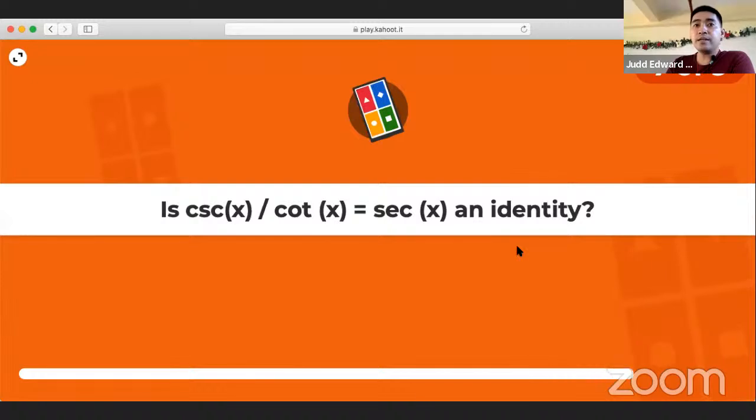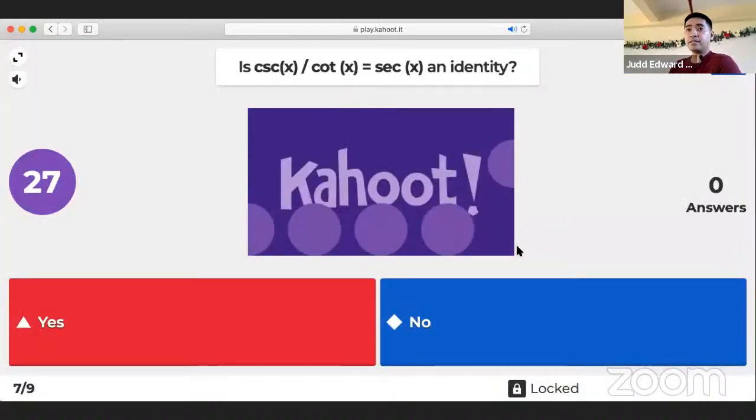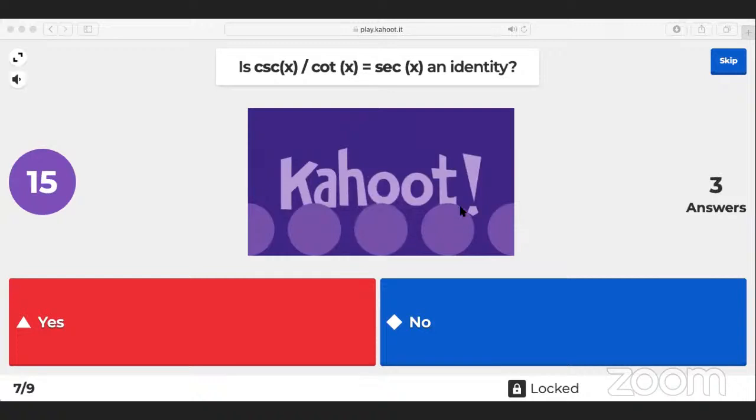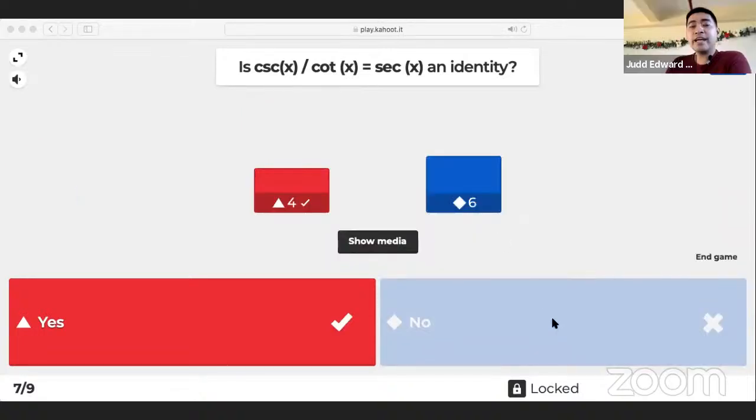Is cosecant of x over cotangent of x equal to secant of x? Okay, the correct answer is yes. 4 got it correctly.